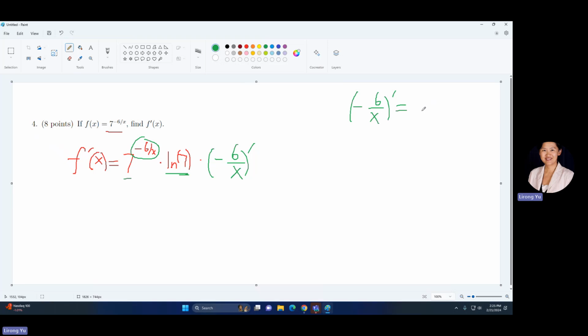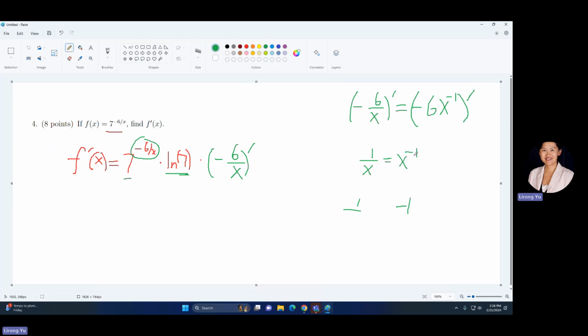It would be negative 6x to the power of negative 1. I'm rewriting it so we can relate it to a power form, because whenever you have 1 over x, it equals x to the negative 1 power.